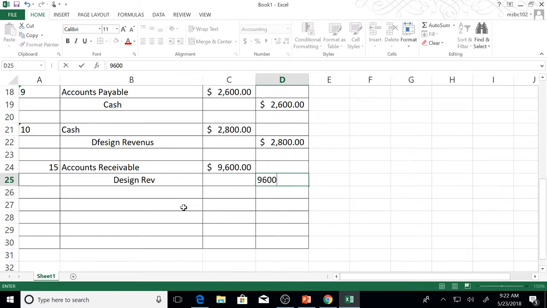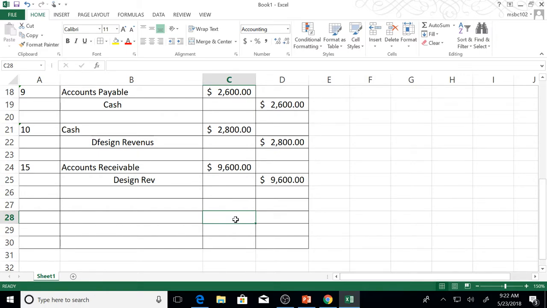Okay, now, let me put the 15, so if you're confused, put it on this side. All right, so the design revenue went up by 9,600 on the left side, and I have a new account now, accounts receivable. That's a debit.